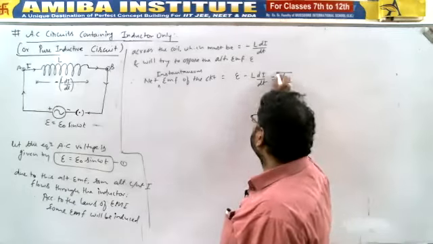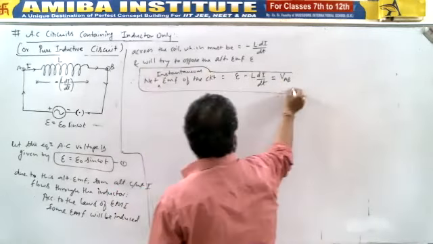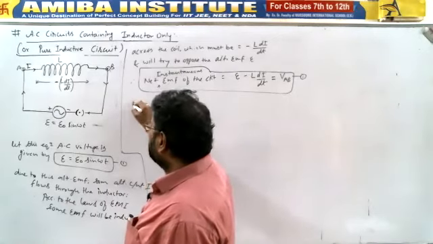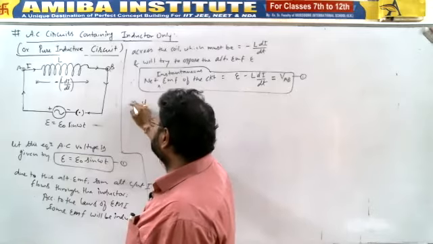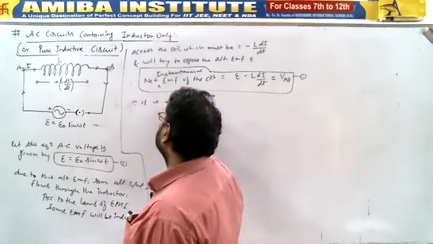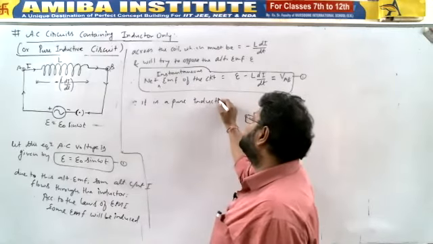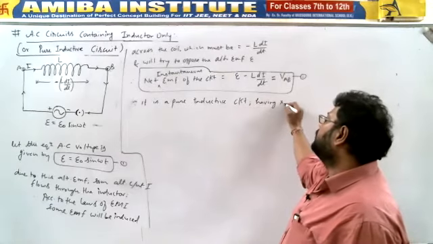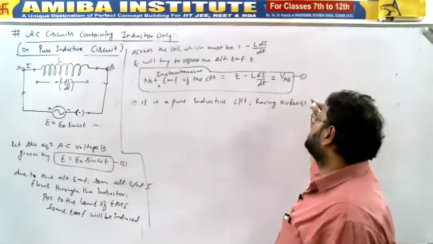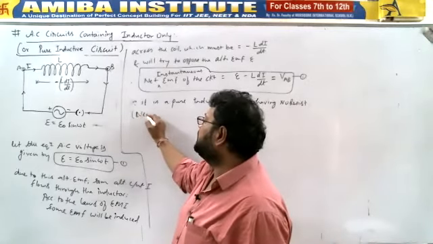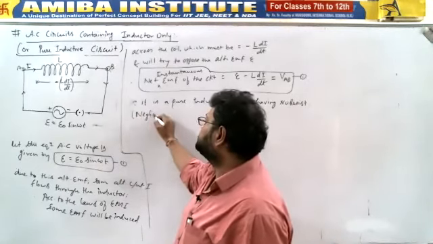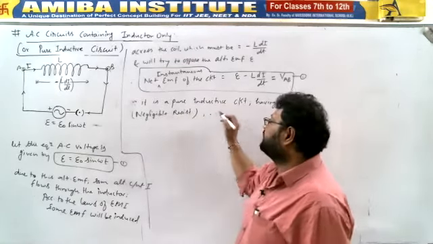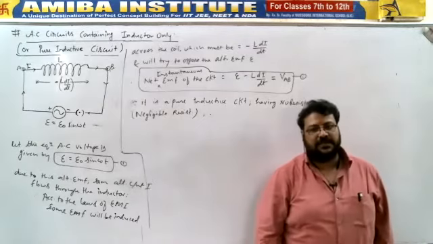Okay, equation 2. Since it is a pure inductive circuit having no resistance, negligible resistance, if there is no resistance, then what will happen?